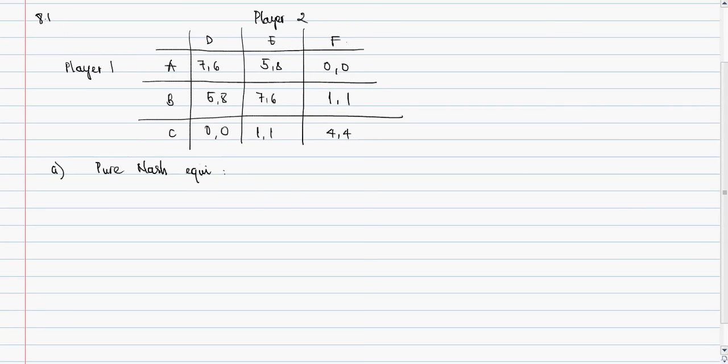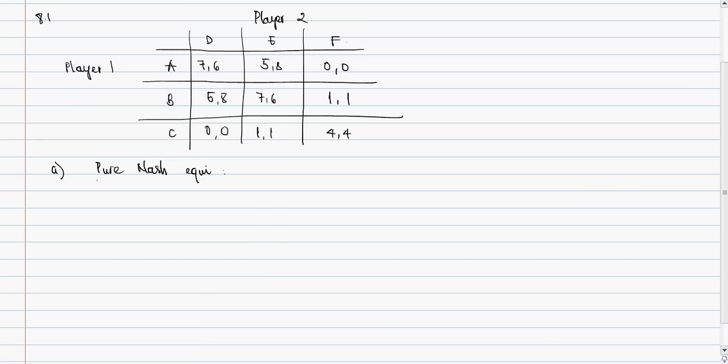The easiest way to find the pure Nash equilibrium: basically, Nash equilibrium is the equilibrium at which both players are choosing their optimal strategy given the strategy chosen by the other player. Given the strategy chosen by player 2, player 1 will choose the strategy that gives player 1 the highest payoff, and given the strategy chosen by player 1, player 2 will choose the best strategy giving player 2 the highest payoff.